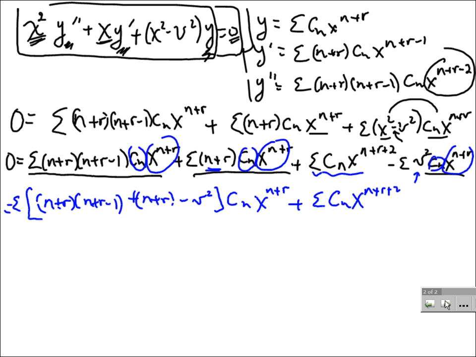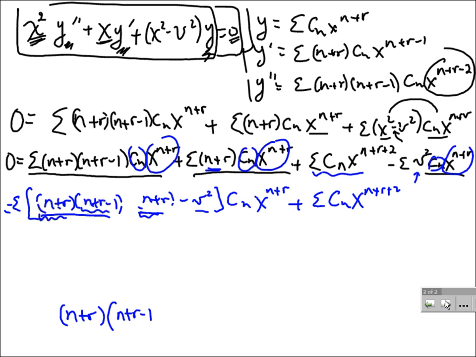Now, we want to simplify what's in this bracket. It's this plus that minus that. Now let's combine the first two terms. They both have an n plus r in it. So we can factor out the n plus r. Now how many n plus r's do we have? Well, we have this many, and we're adding one more.